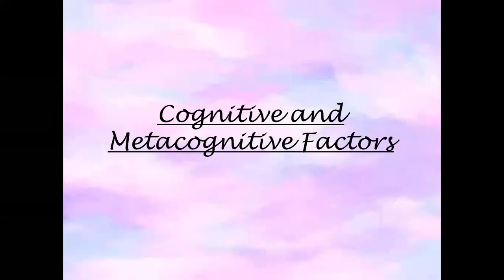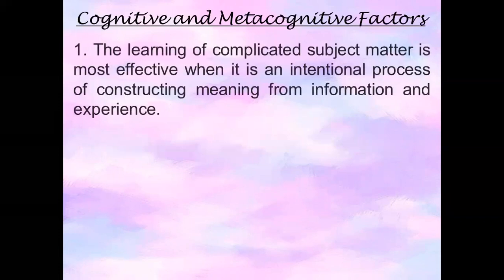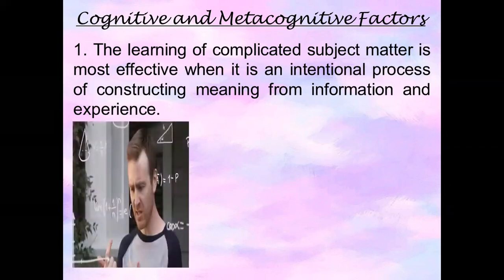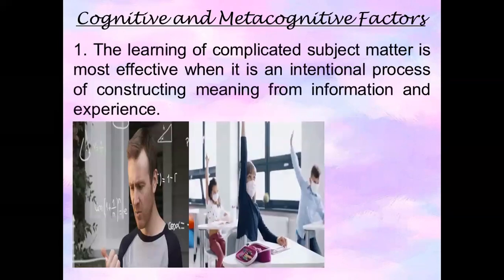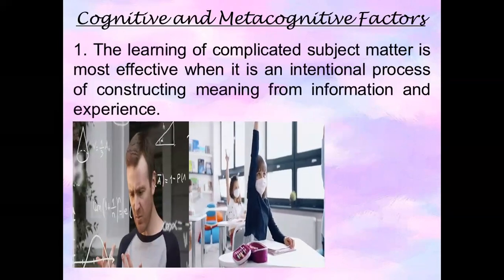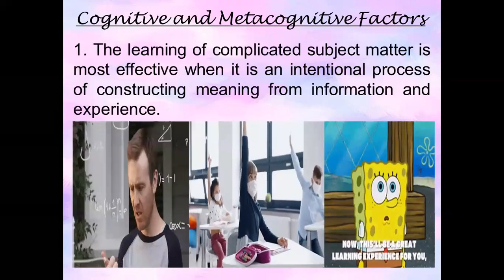So let's have now the cognitive and metacognitive factors that can affect your students in the near future. First, the learning of complicated subject matter is most effective when it is an intentional process of constructing meaning from information and experience.